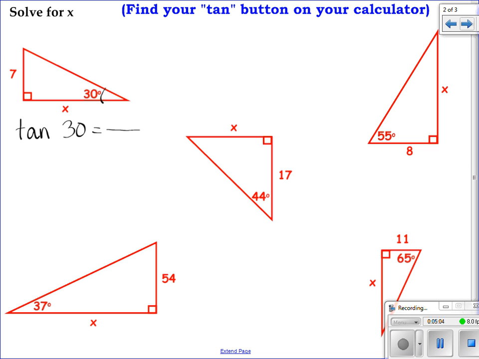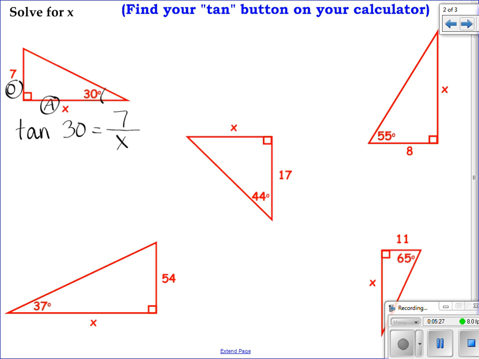I'm going to label these with those letters. So we've got the opposite side and the adjacent side. We want to make sure we put them in the right order or the problem won't be correct. So we're going to do opposite over adjacent. Now we'll go through and solve that in a minute, but let's just make sure we are still able to set these up like we were working through on the previous slide.